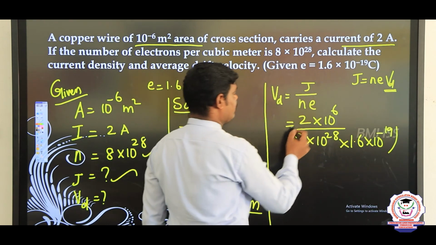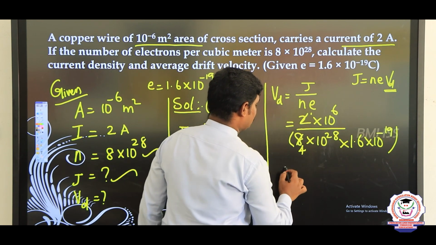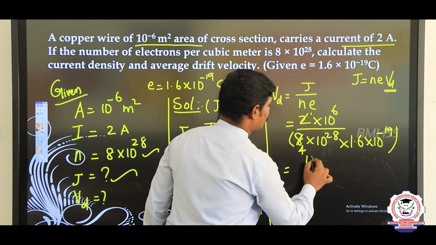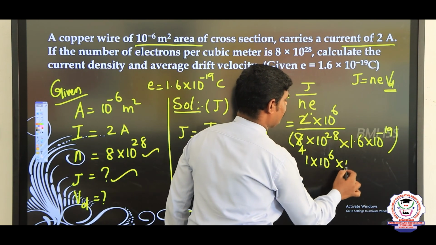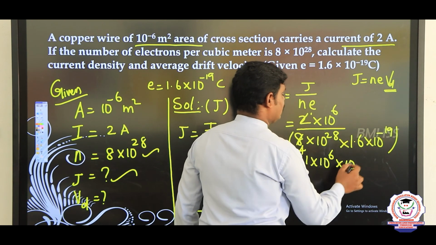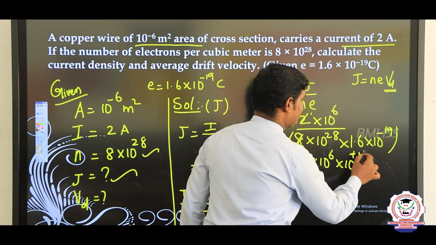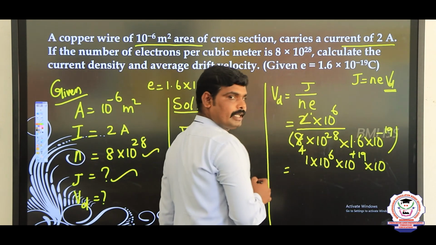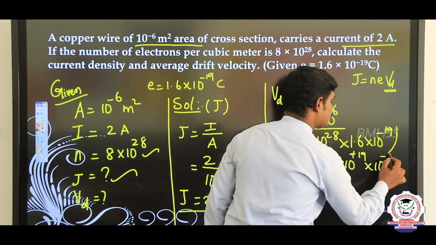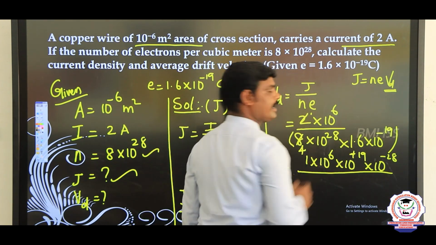Here the two tables, this is 1 times, then 4 times. So 1 into 10 to the power 6 into 10 to the power 19, it will change to plus 19, then into 10 to the power minus 28, divided by 4 into 1.6.